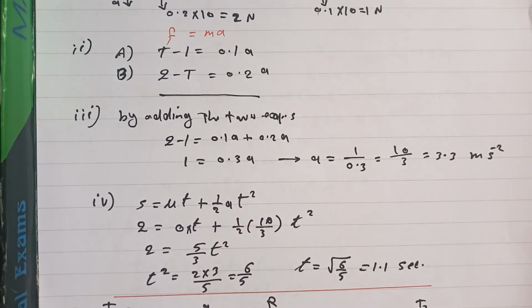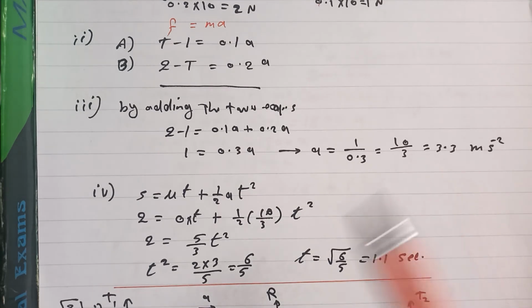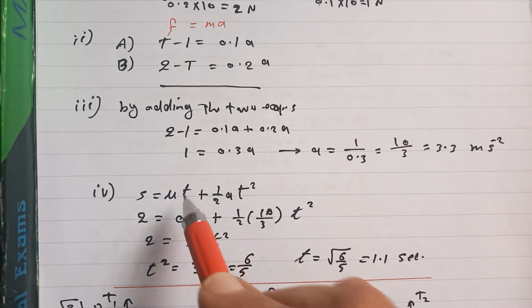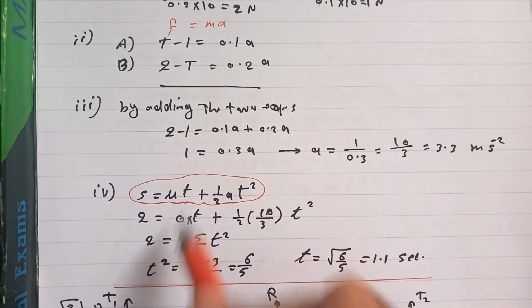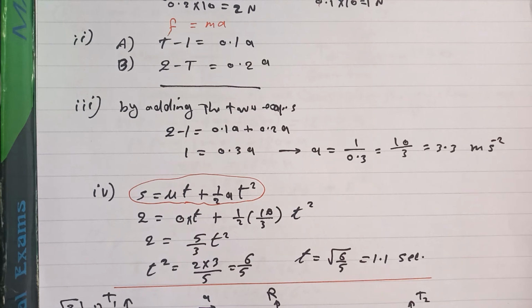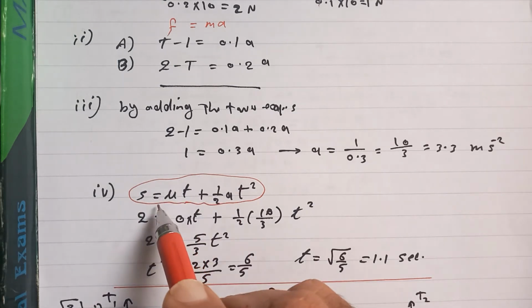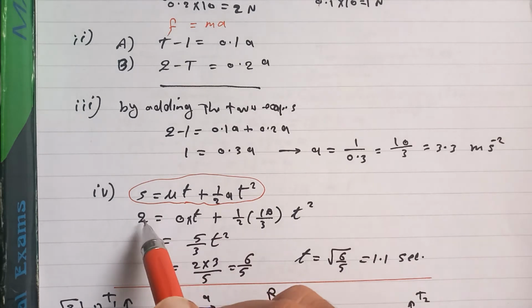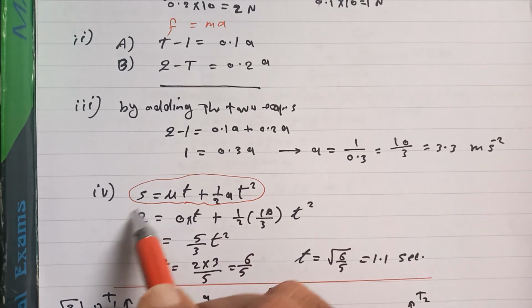And to get the time, number IV, find the time taken for B to hit the ground. To hit the ground, I will use this formula, S equals UT plus half AT squared. Since the weight of 0.2 kilogram is 2 meters above the ground, it will cover a distance of 2 meters until it hits the ground. So S equals 2.